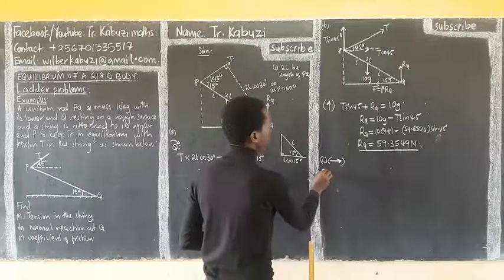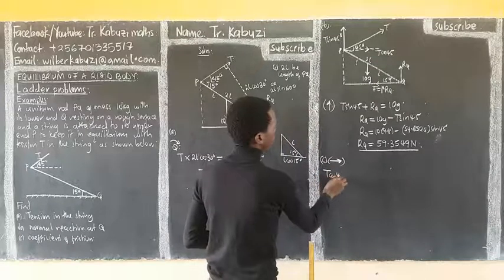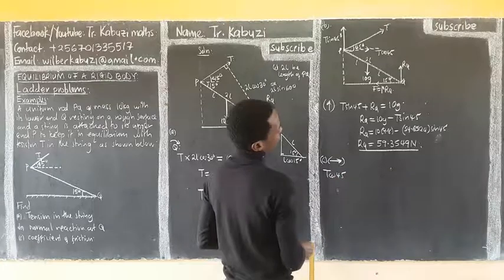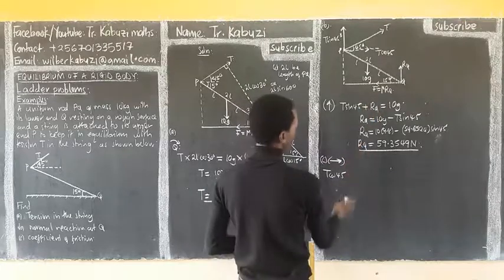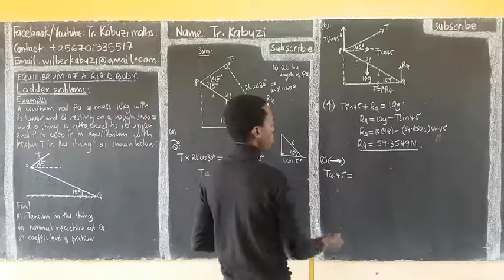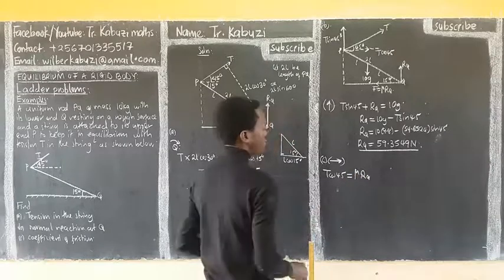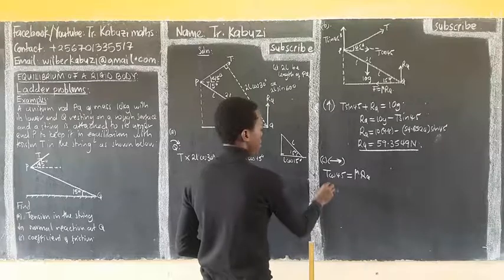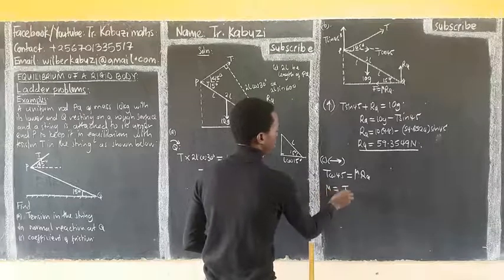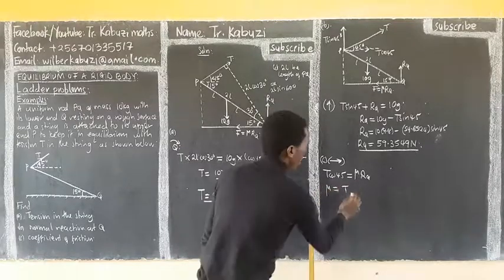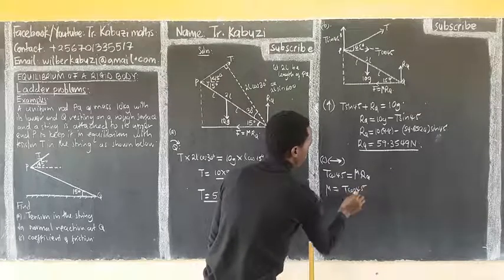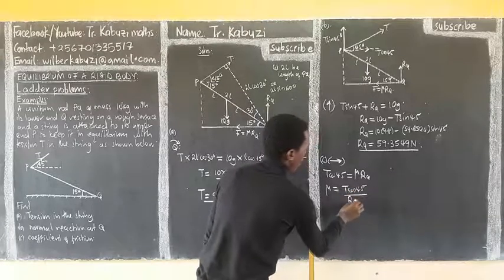So we have T cos 45. Is there another force horizontally? No. It's going to be equal to mu R cube. So that my mu is going to be T cos 45 the whole over R cube.